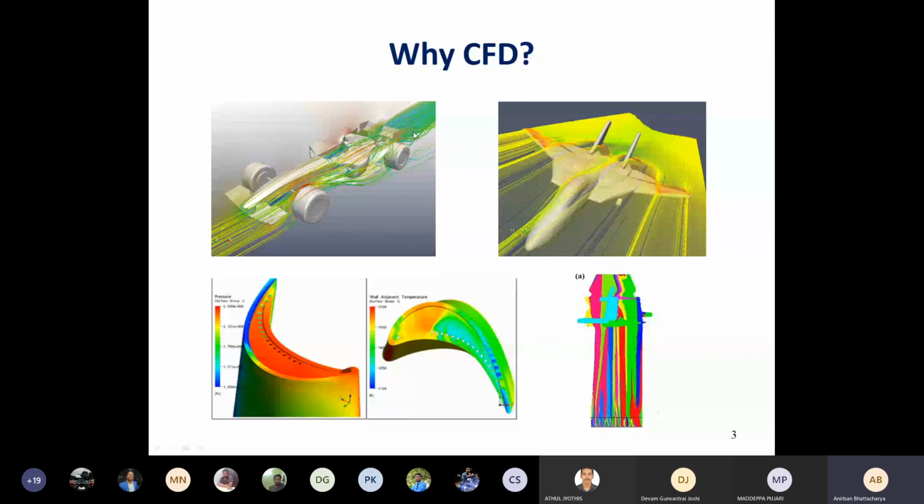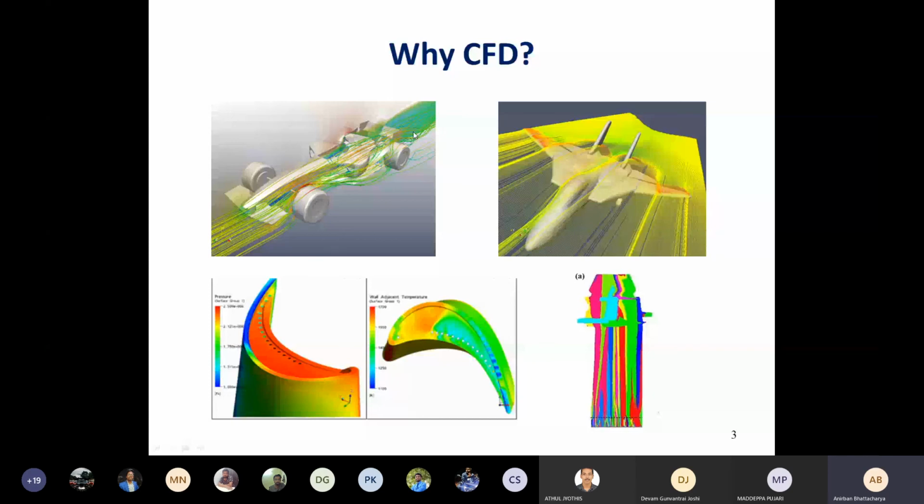The boundary condition will not be appropriate. If you give a boundary condition which is equal to the atmospheric condition here, in real life it is not the case because the flow is affected to a long distance downstream, right? So in this case you cannot take such a small domain, you have to take a very large domain.